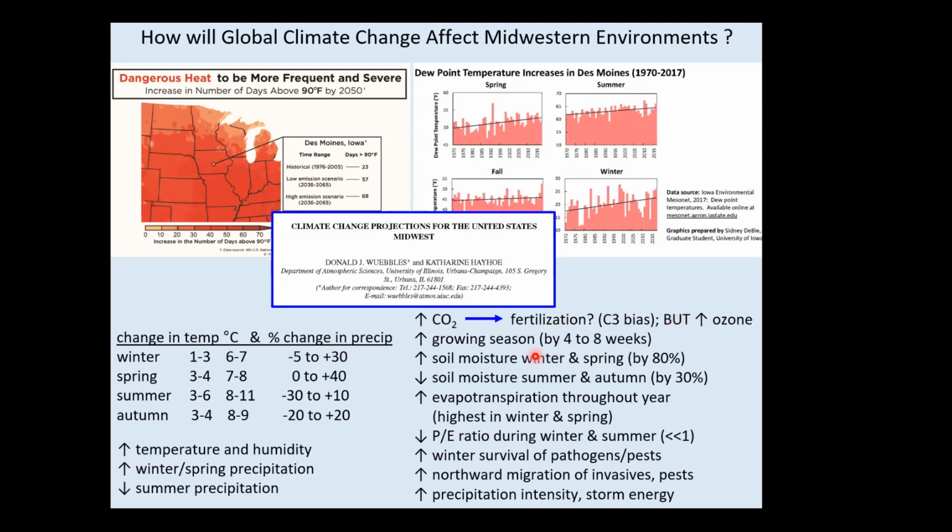It's clear we're probably going to have longer growing seasons. The last frost will happen sooner in the year, and the first frost will happen later in the year. Increased soil moisture in winter and spring is pretty certain, with decreases in soil moisture in the autumn. There will be higher evapotranspiration throughout the year.